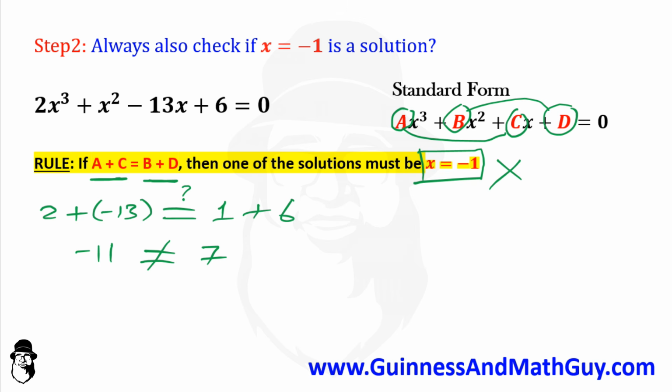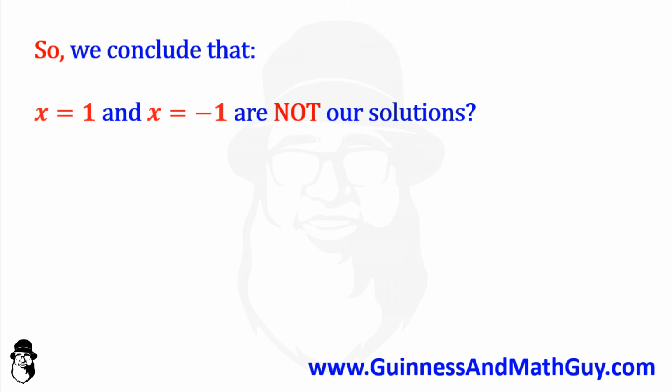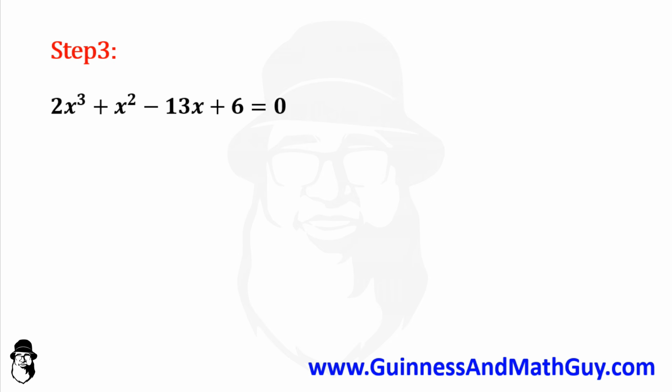So we have concluded that x is equal to 1 and x is equal to minus 1 are not the solutions. So now we move to step 3.